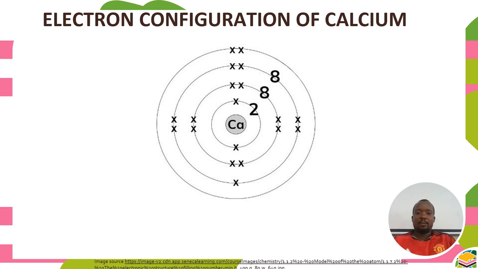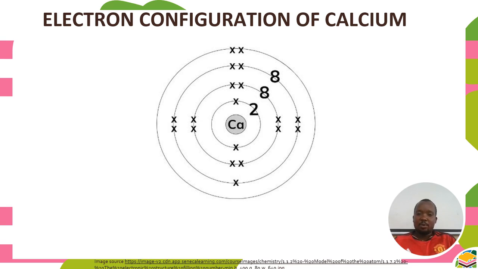Now, remember, on the previous slide, we saw that energy level number 1 will occupy a maximum number of 2 electrons.